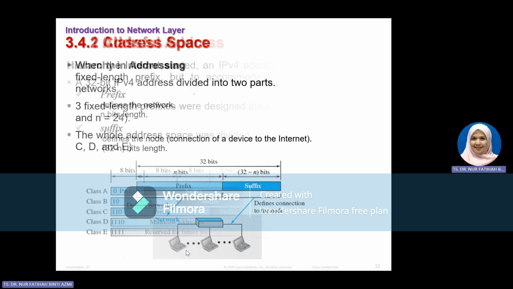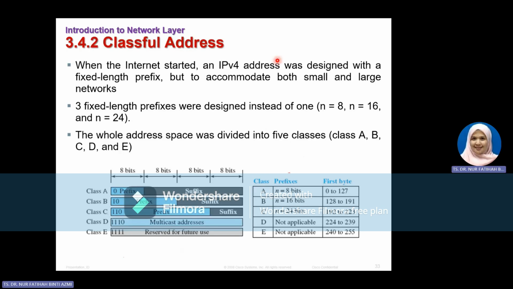We also can say that IP addresses can be divided into classes. For example, here we have 5 classes, A until E. Class A begins with 0 and is normally used for very large networks.